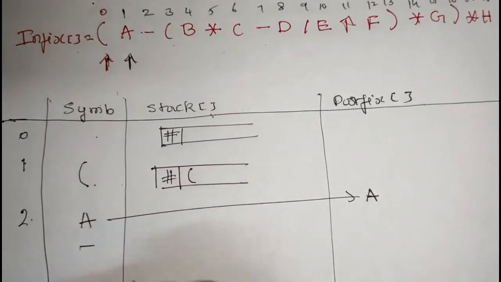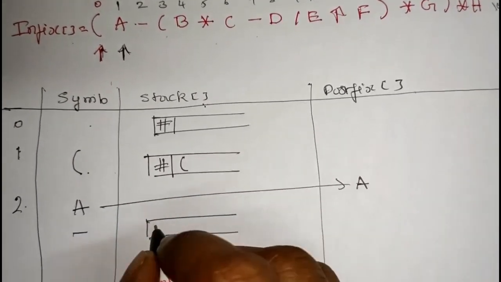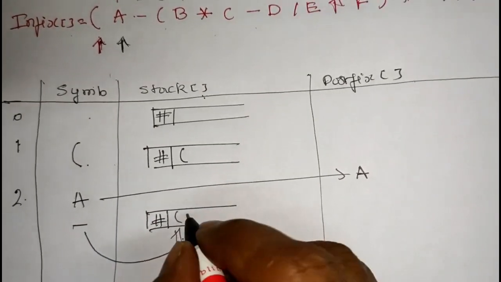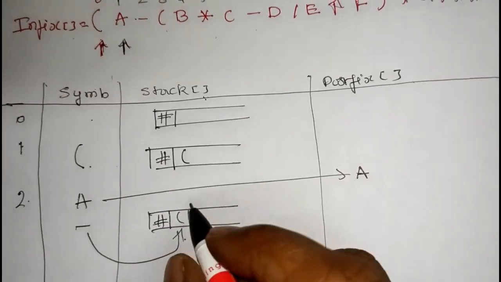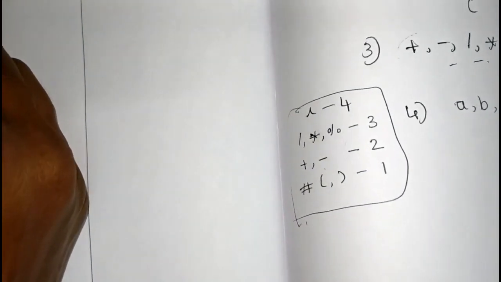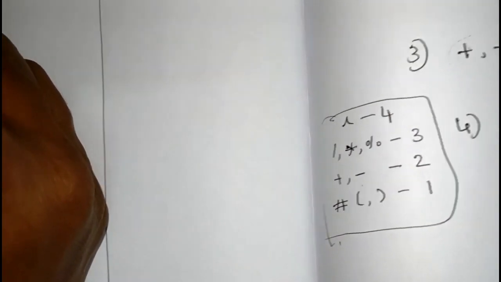Next is minus. Minus is compared with the top of the stack. Minus has precedence 2, and the open parenthesis has 1.